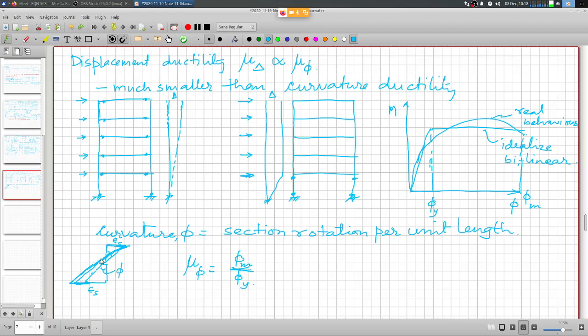So phi y is epsilon y divided by d minus x, where x is the neutral axis depth and d is the effective depth of the section. So this is for tension yielding.